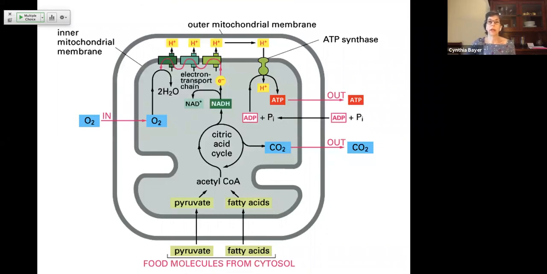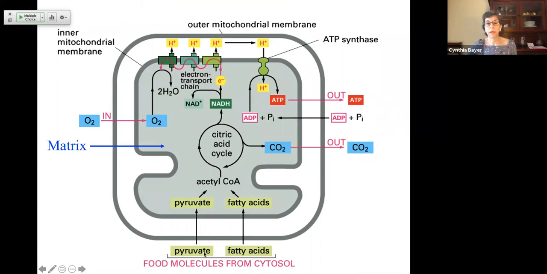And I really like this, a nice figure of the functional portions of our mitochondria. 2 membranes. Here's our outer membrane. Here's our inner membrane. We have our intermembrane space. The inner compartment we call the matrix.